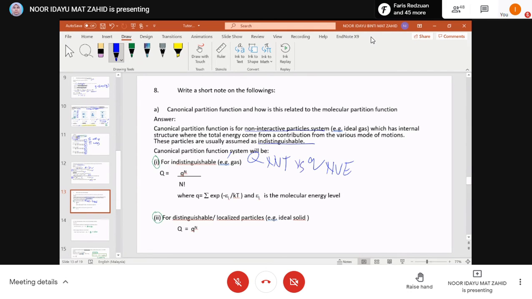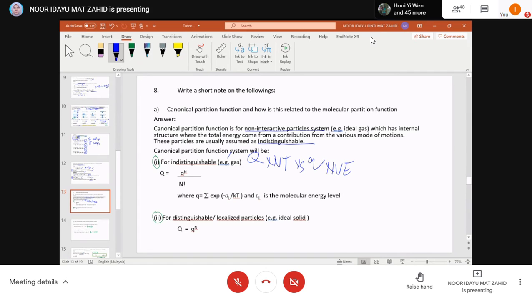For indistinguishable systems such as gas, indistinguishable means that you can no longer identify the identity of each particle. For example, in gas, it moves randomly, right? You can no longer trace the identity of each individual gas particle, so it is considered an indistinguishable system.